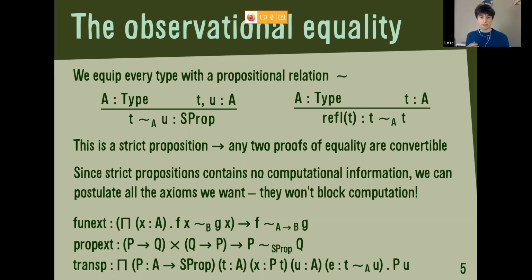Remark that we can only postulate it for propositional predicates and not type-valued predicates, because in the case of a propositional predicate, the whole type is a strict proposition, so we can postulate it as an axiom and it will not interfere with computation. But in the case of type-valued predicates, we will have to work a bit more, because if we just postulated it, then it would block computation very fast, since it is not in the propositional layer of the theory.